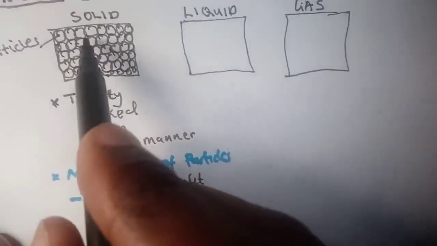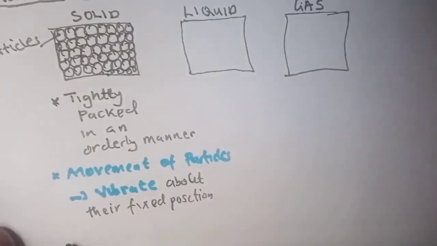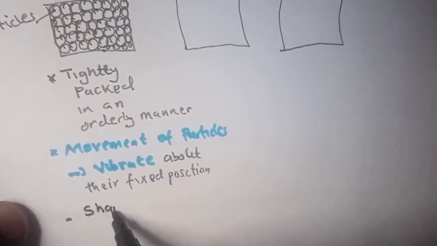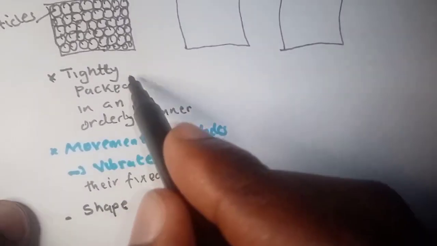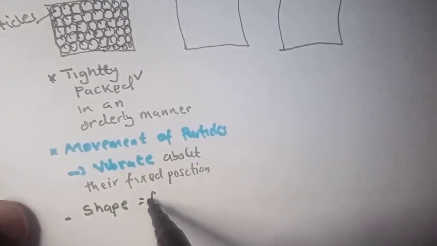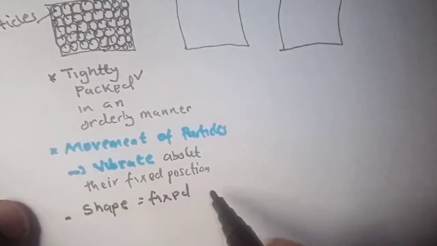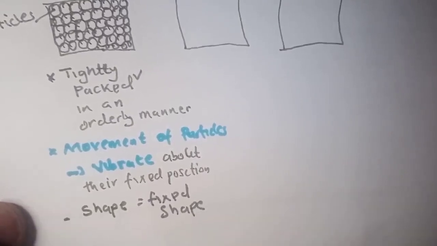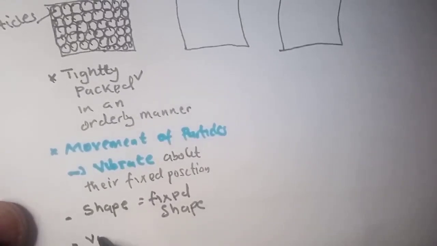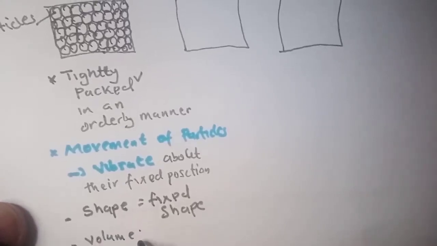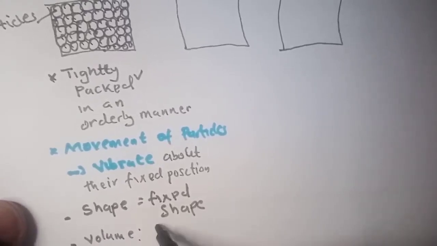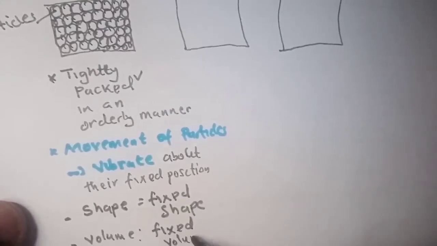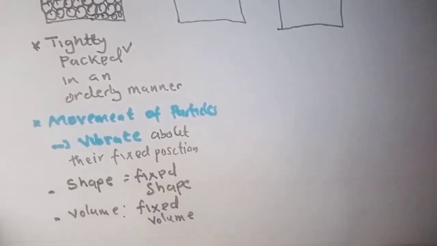Another thing to look at is the shape of all solids. Because of the particles being tightly packed, solids have a fixed shape, and the volume is also fixed.